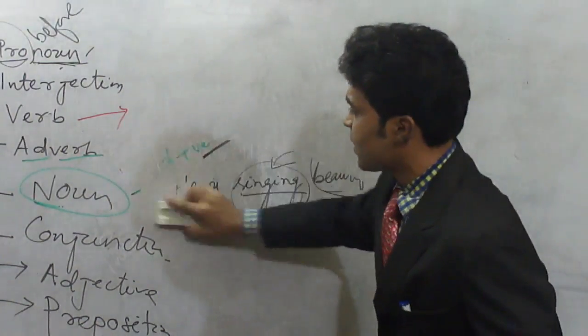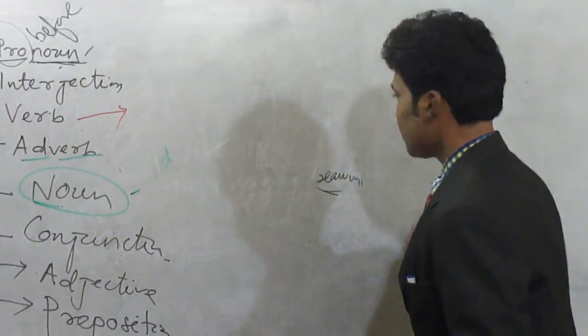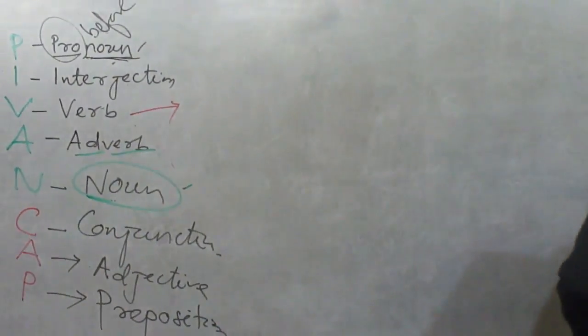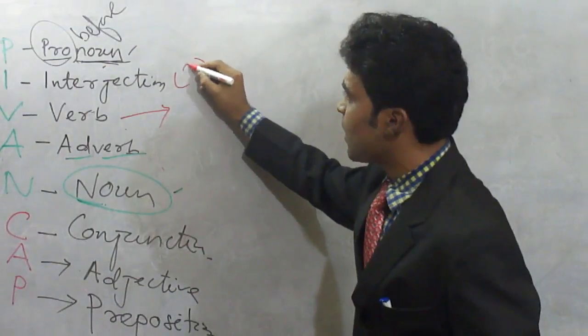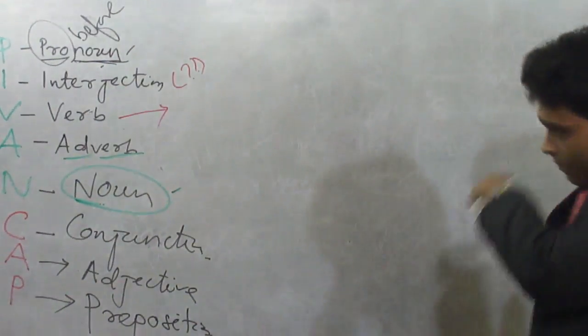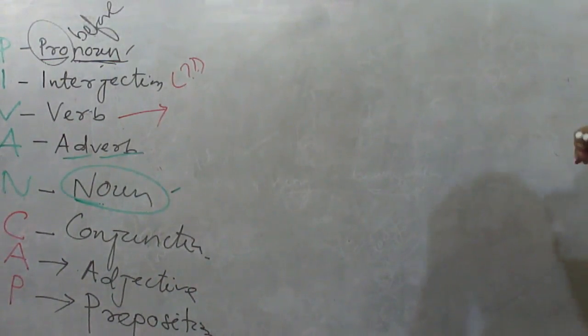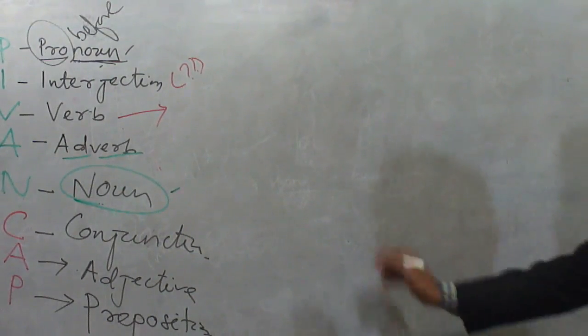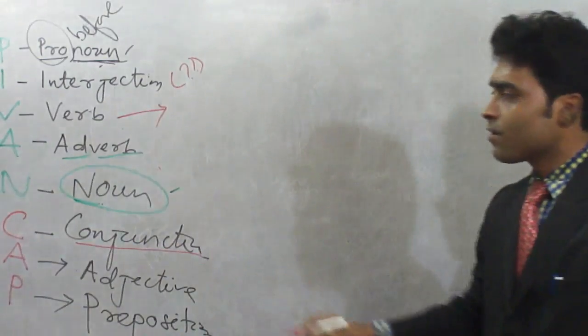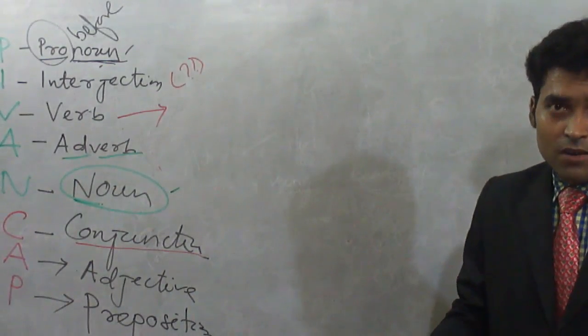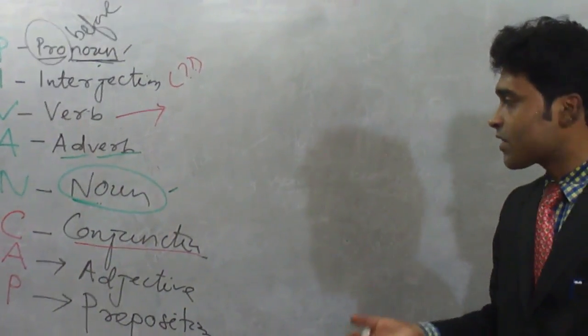Now we'll discuss conjunction. Don't worry, we'll discuss this bullet point later. What is conjunction actually? If you analyze this word, conjunction means one type of junction. Whatever connects is known as conjunction.